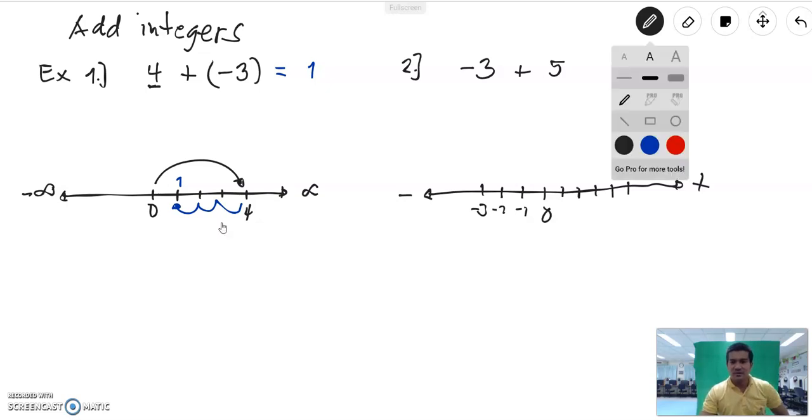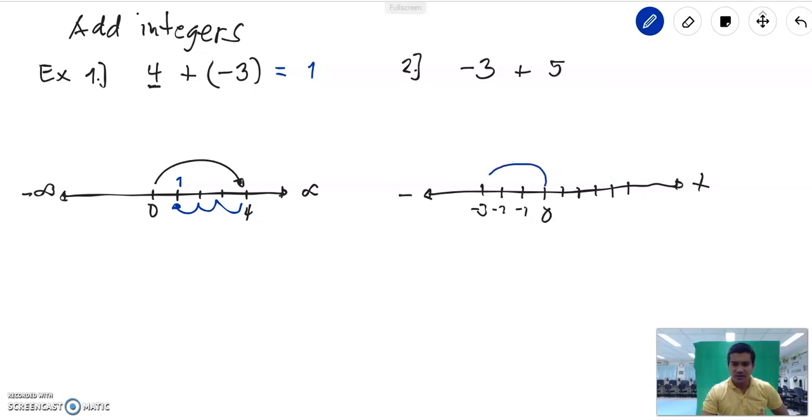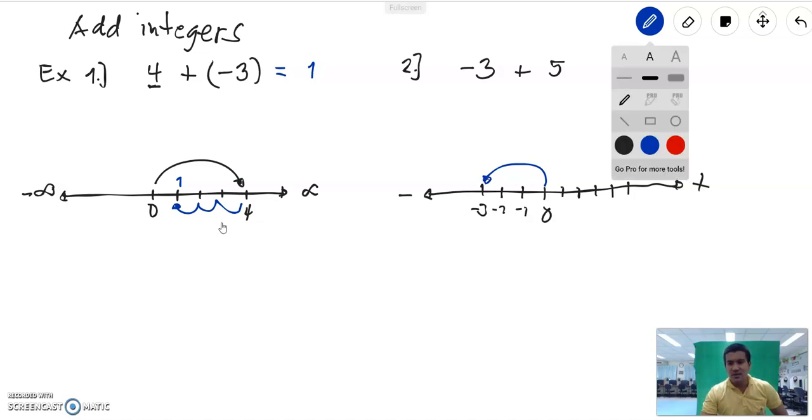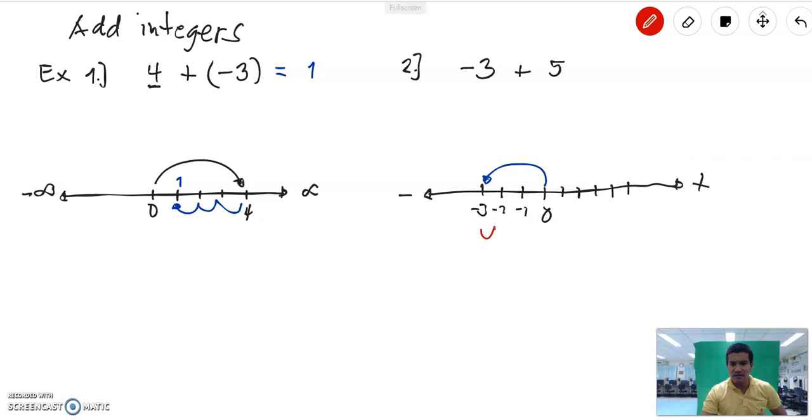So from here, the line will go to negative 3. Then after that, we have to add, because this one is positive 5, so therefore the line will go to the positive side. So we will have 1, 2, 3, 4, and 5.